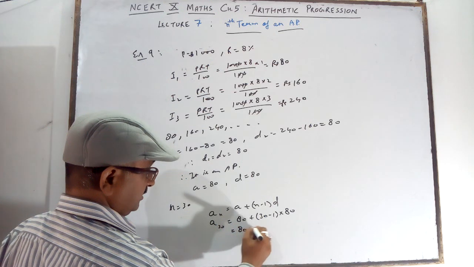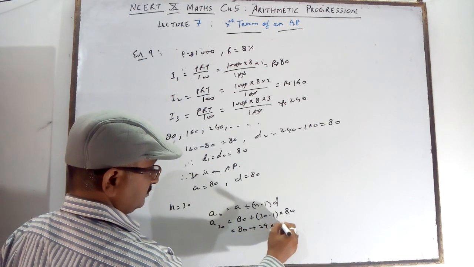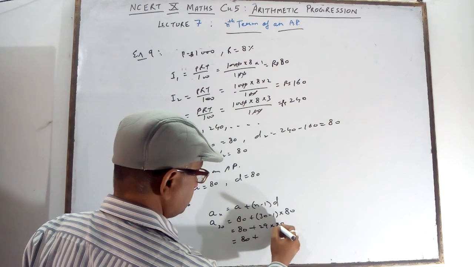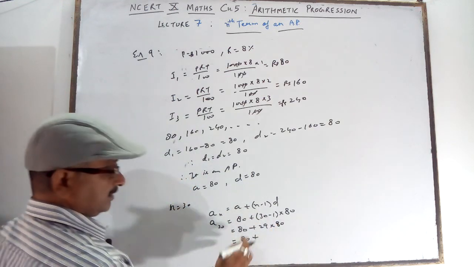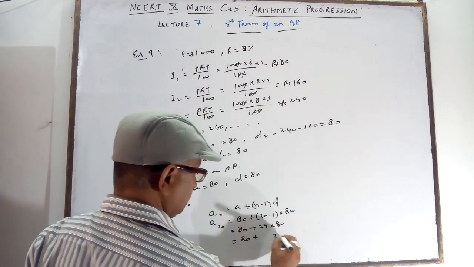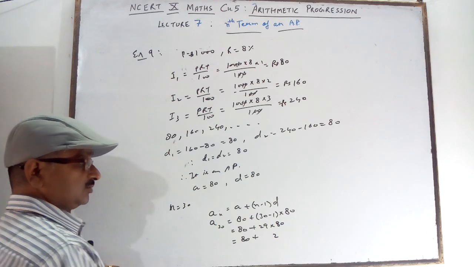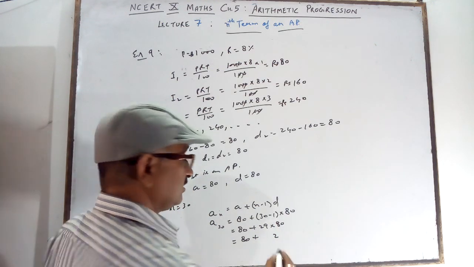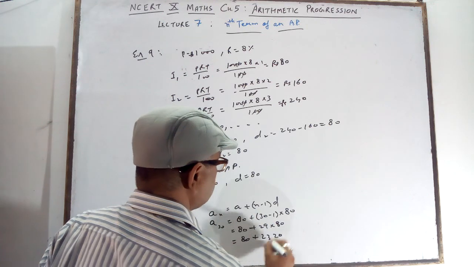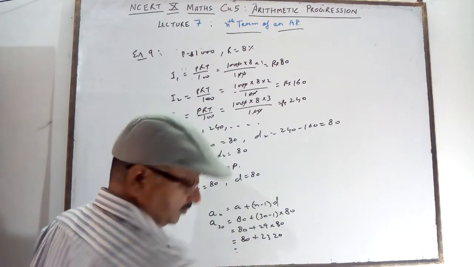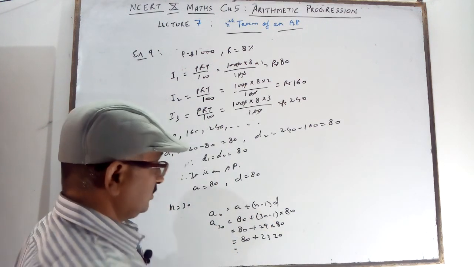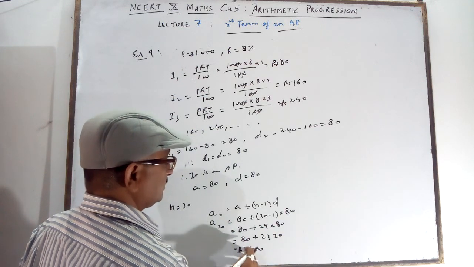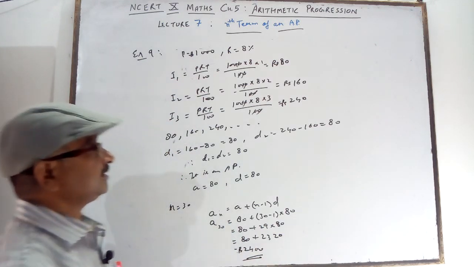Solve it: 80 plus 29 into 80. 8 9s are 72, 8 2s are 16, and 16 plus 7 is 23, so 2320, plus 80, and then you will get your money, 2400 rupees at the end of 30 years.